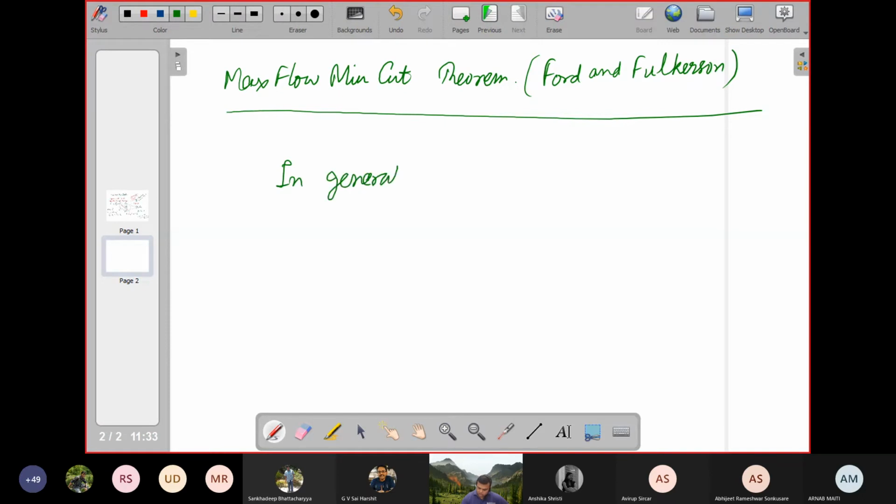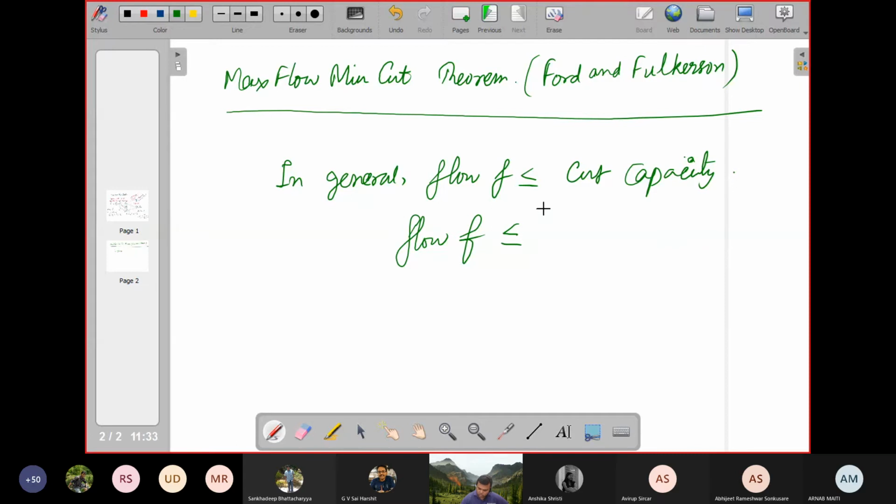What is this theorem? In general, we have observed that any flow F is less than or equal to the cut capacity for any cut. Intuitive, right? Now I am saying this flow F is actually less than or equal to the minimum cut capacity. Do you agree with it or not?